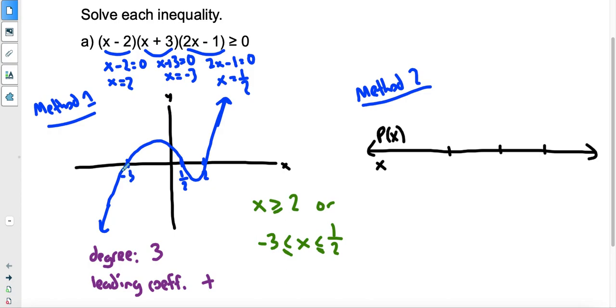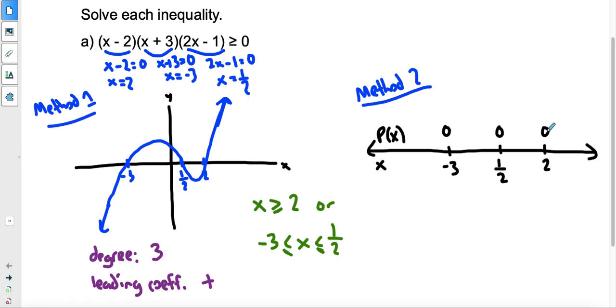So I'm going to want to put down my x-intercepts on my sign line. My polynomial is equal to 0 at our x-intercepts, right? Because those are our zeros.